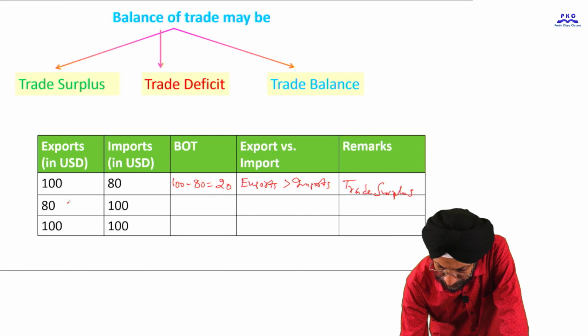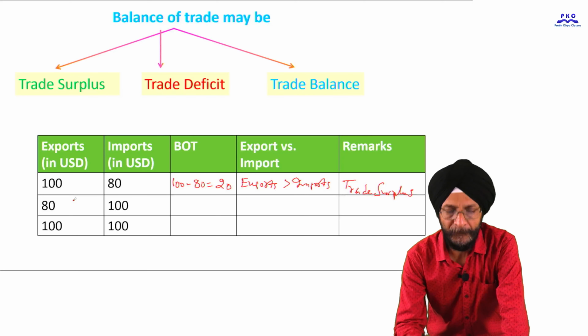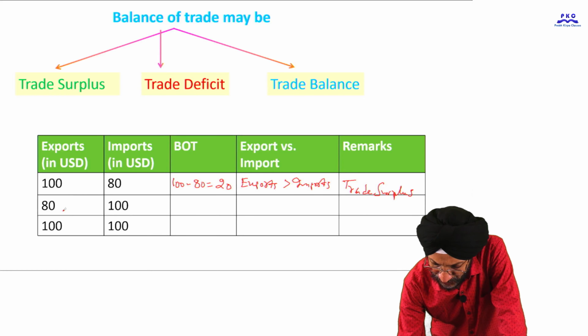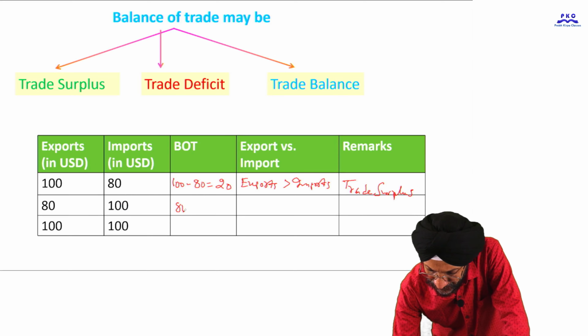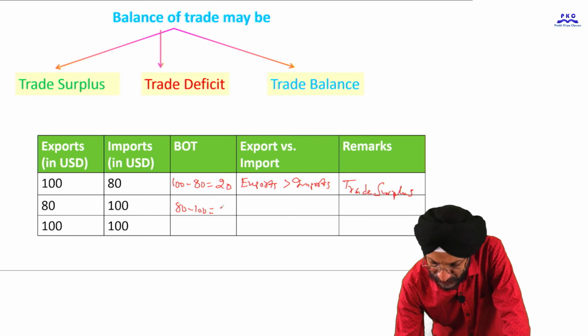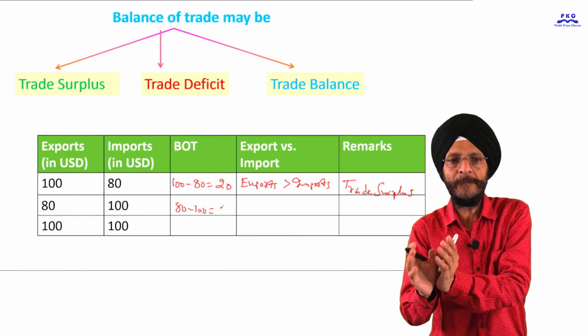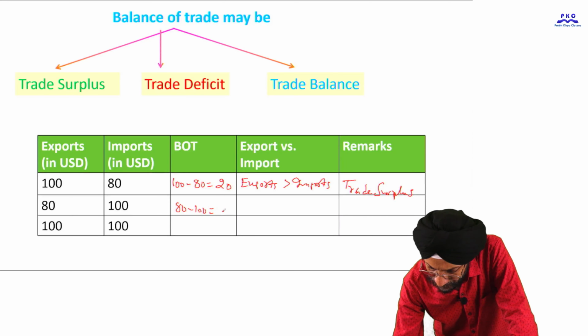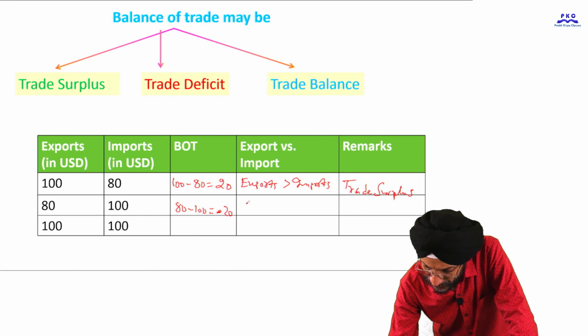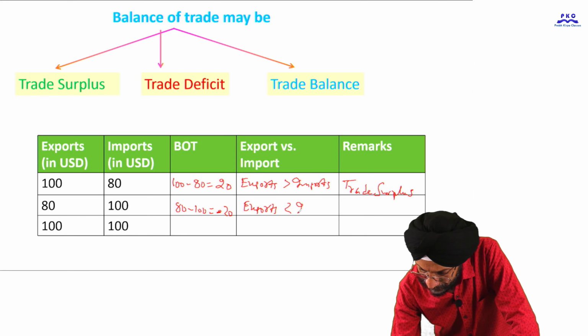Here in the second example, exports are less as compared to imports. So 80 minus 100, exports are to be taken first and then we are to take imports. 80 minus 100 becomes minus 20. Here exports are less than imports.